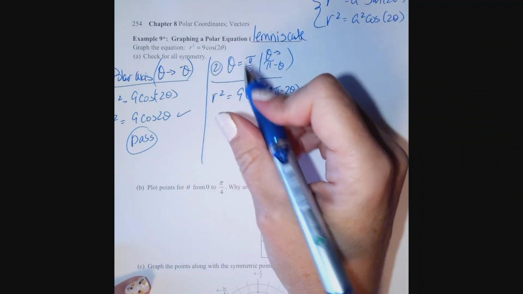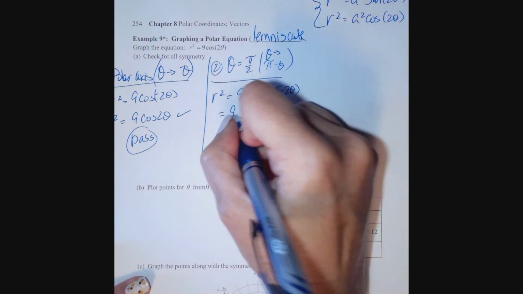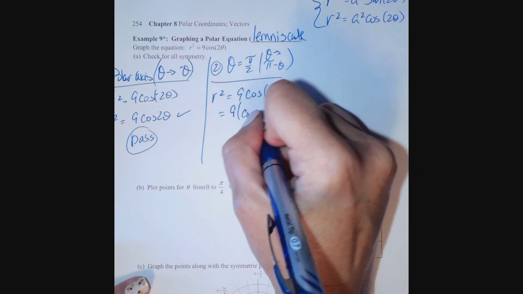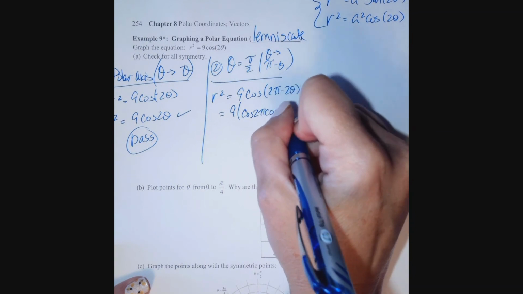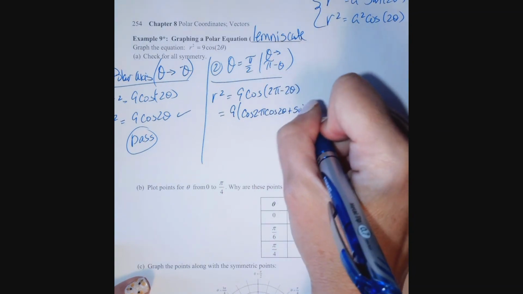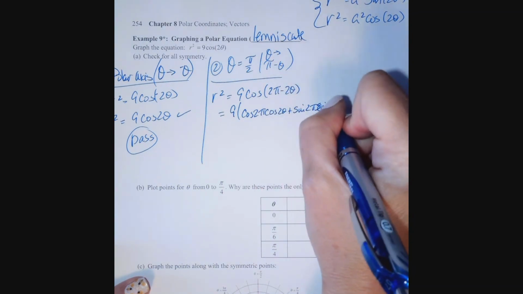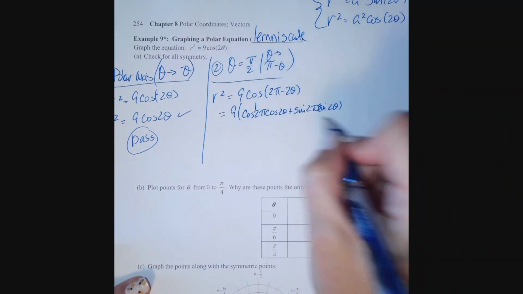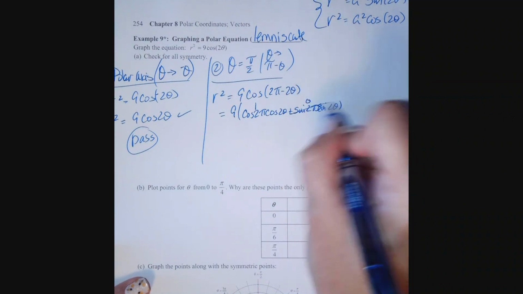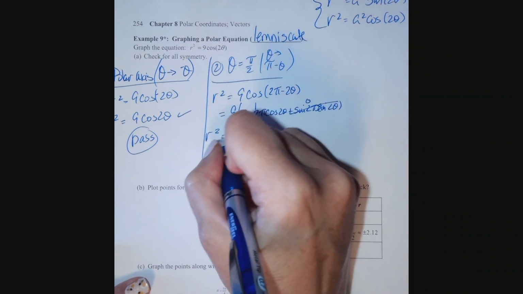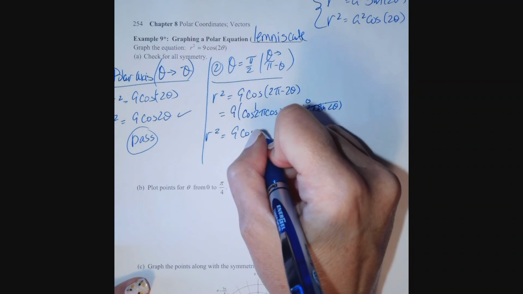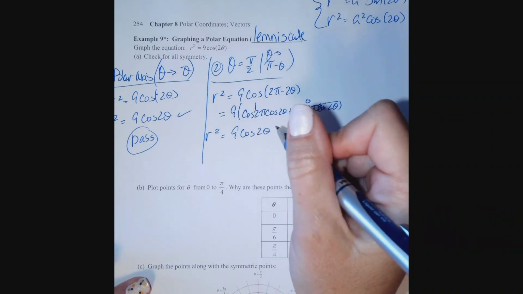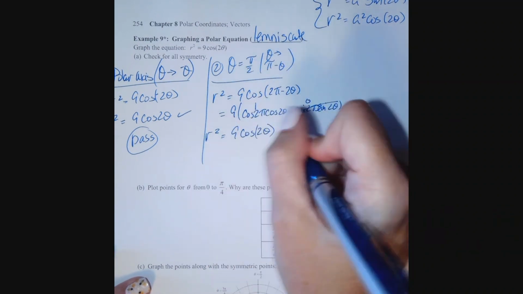So difference identity again. 9 times cosine 2 pi cosine 2 theta plus sine 2 pi sine 2 theta. I'm going to get this right this time. Cosine at 2 pi is 1, sine at 2 pi is 0, so this adds to 0, and I'm left with r squared equals 9 cosine of 2 theta. I got it right.